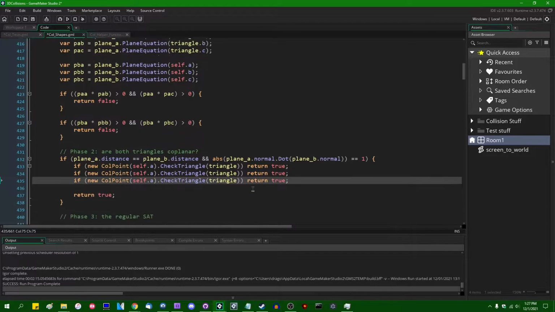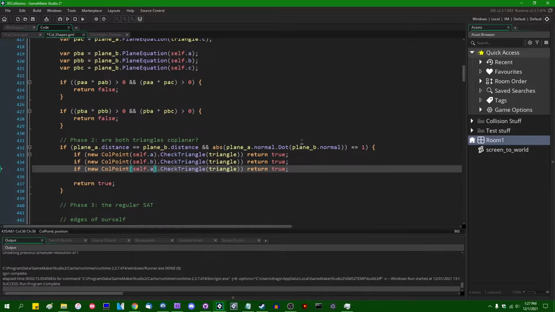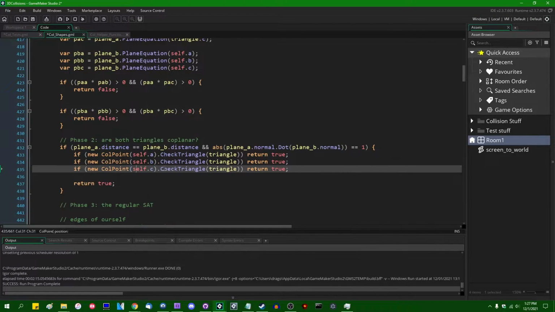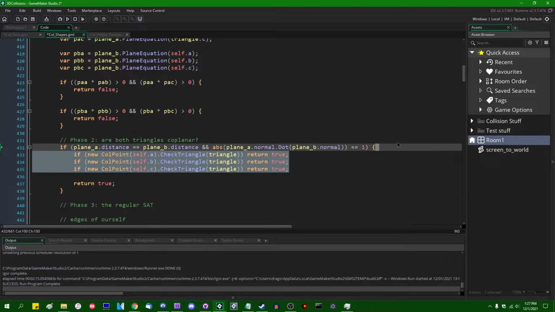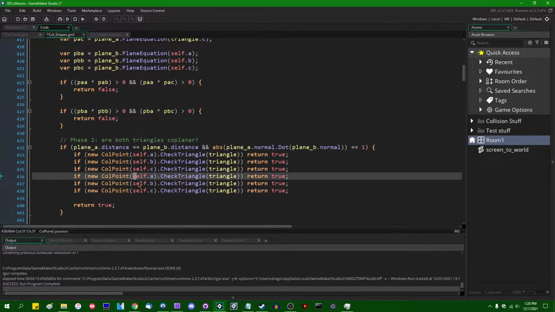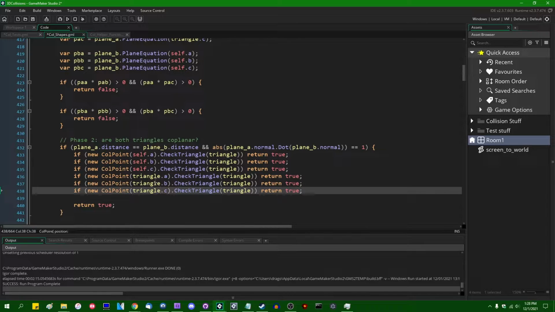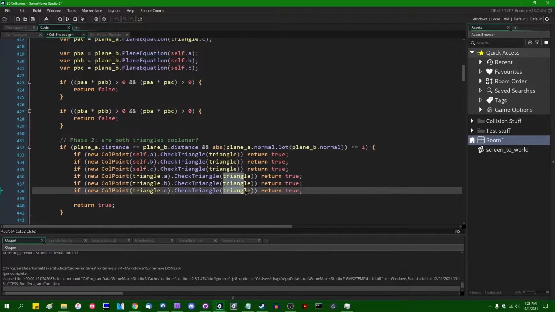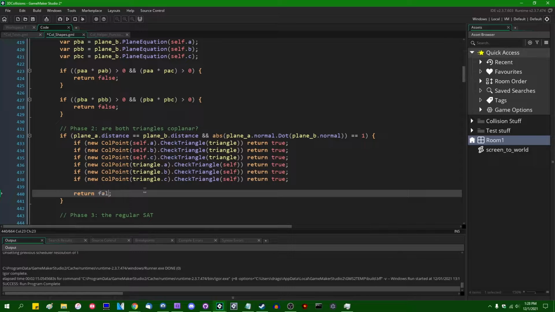We can do this for the other 5 points in this equation. So if call point self.a, self.b, self.c check triangle against the incoming triangle, we can do this the other way around. So if the points of the incoming triangle are inside of our self, then we can also return true. And if none of those happens, we can return false.